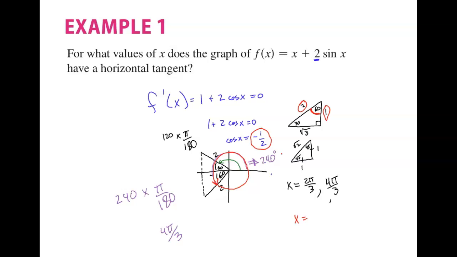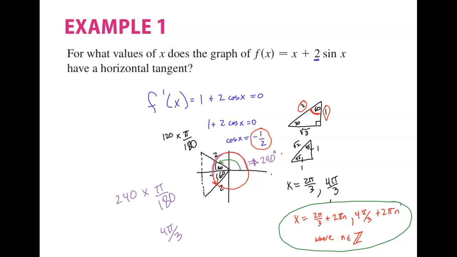So x equals 2 pi over 3 plus 2 pi n, comma 4 pi over 3 plus 2 pi n, where n is any integer. And that just establishes that we could go all the way around for both of these and come back and be at a new coterminal angle, and that would also be a solution.